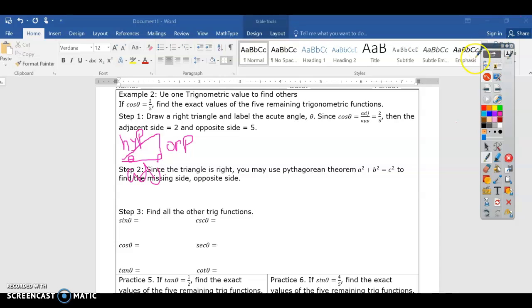Then I know that cosine is adjacent over hypotenuse.